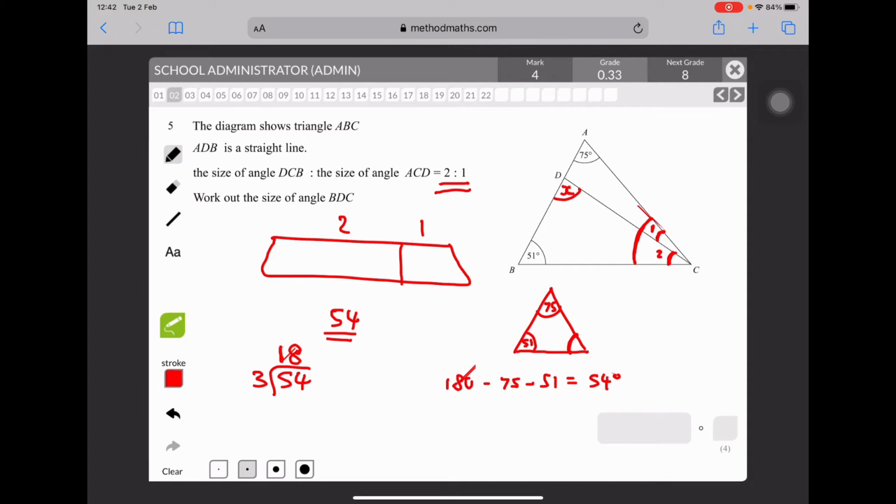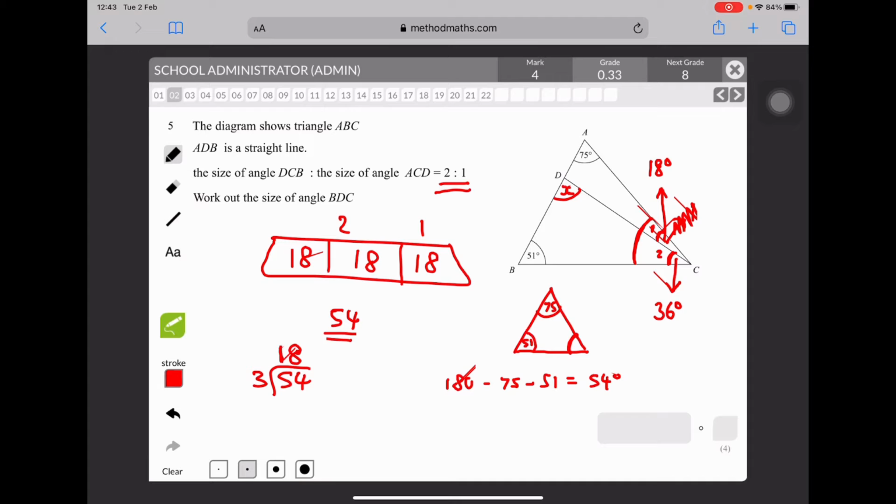Right, so each part is worth 18. And so this angle here is 18. It's not letting me draw here. But anyways, I'll write here. This angle here is 18 degrees. And this angle here is 36 degrees.